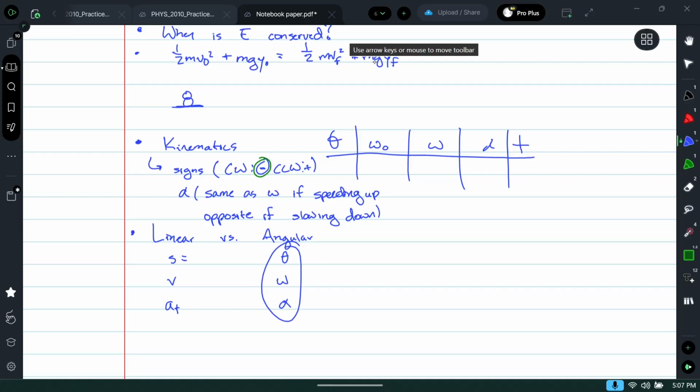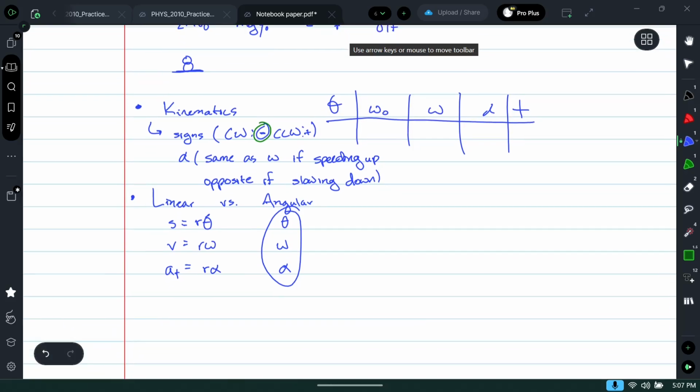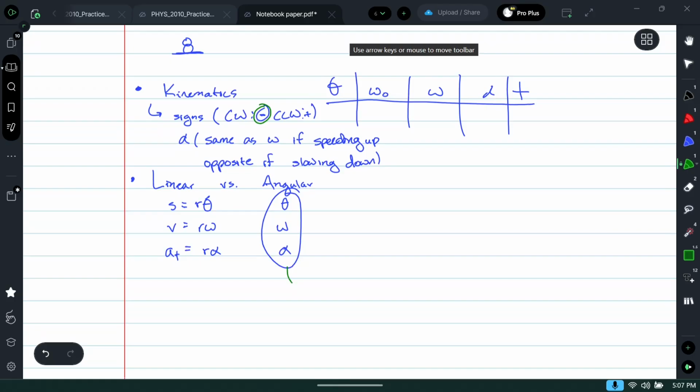That's the arc length that's traveled through. It's r times that angular displacement. Or how fast is it going in meters per second? That's r times the angular velocity. Or what is its acceleration in meters per second squared? That's r alpha.